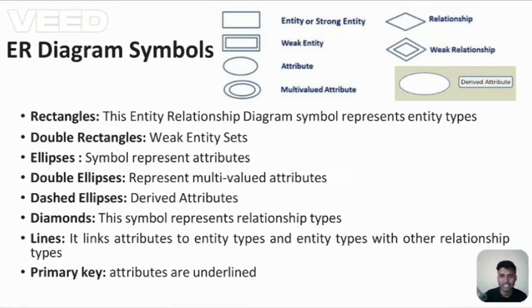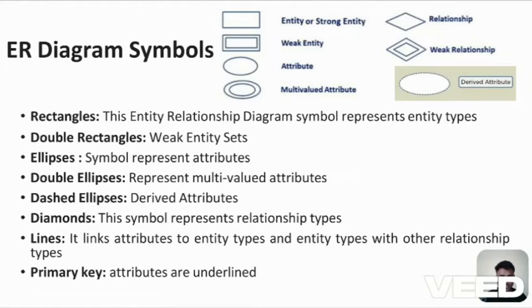The dashed ellipse is the derived attribute. Age is something which represents a person's age, but it changes after some duration. If my age in 2023 was 19, then in 2024 my age will be 20.